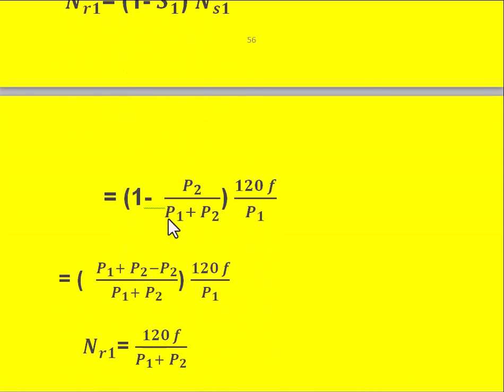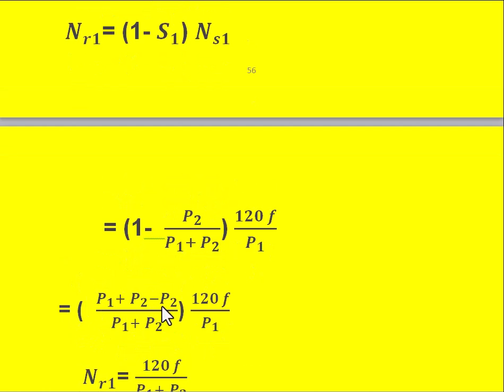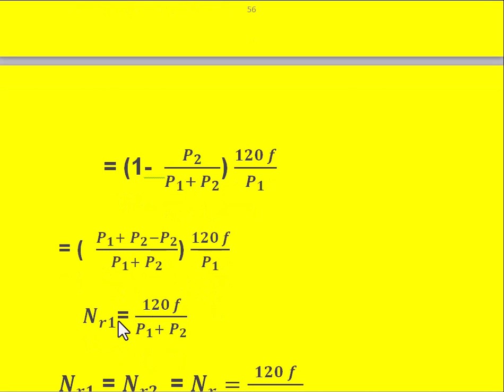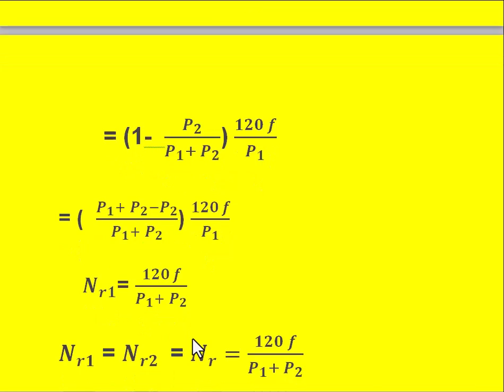Then after further simplification, NR1 becomes P1 plus P2 minus P2 divided by P1 plus P2 into 120F by P1, and this P2 and P2 get cancelled, and this P1 and this P1 get cancelled. Then NR1 becomes 120F divided by P1 plus P2.